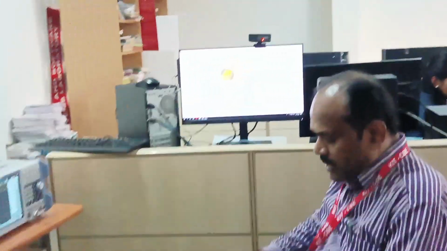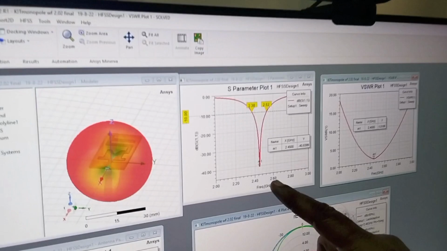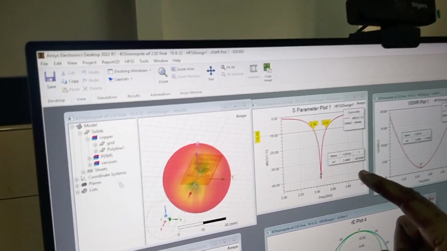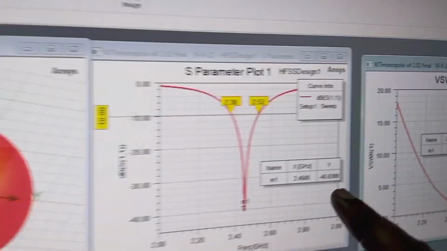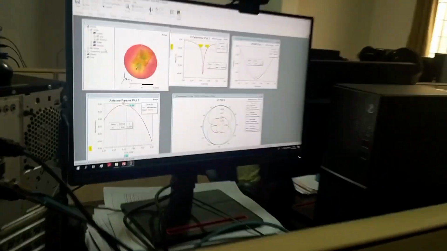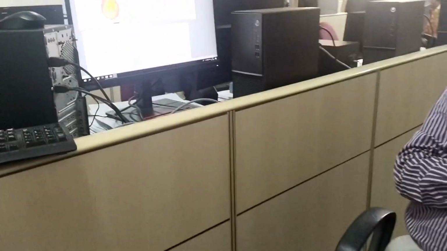The first characteristic to be evaluated is return loss versus frequency, and it has been designed for 2.4 gigahertz. Exactly at 2.4 gigahertz it's resonating, and the return loss is minus 40.63 dBi, where i means isotropic, with reference to an isotropic antenna.